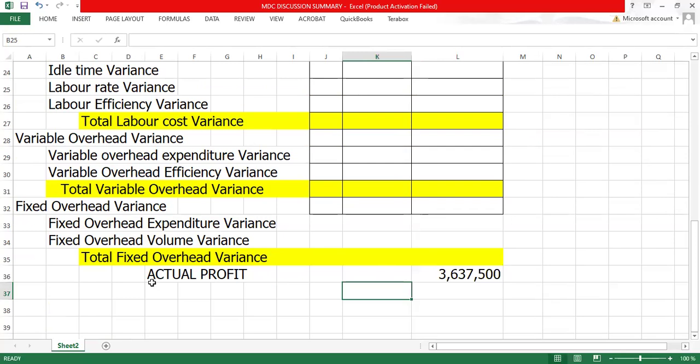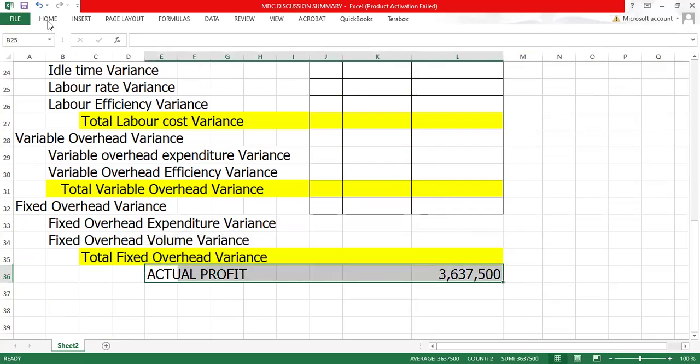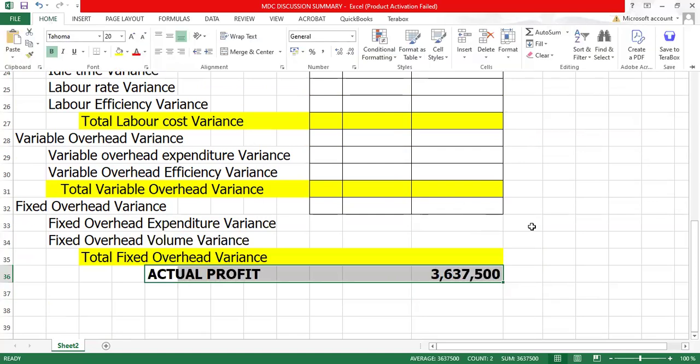For us to say that we have reconciled, we must be having this.